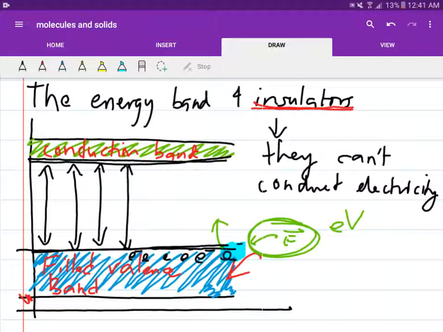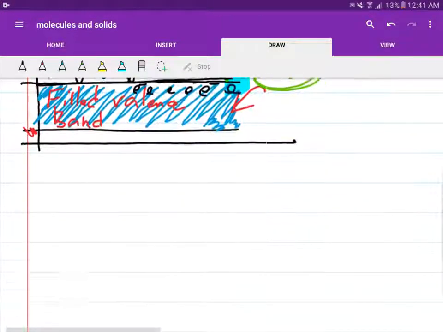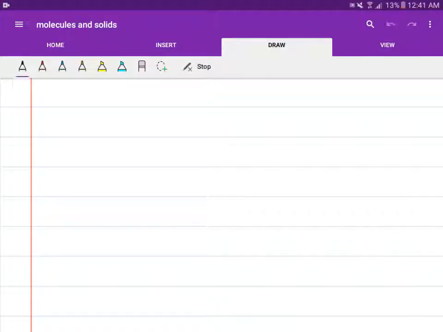Now let's take a look at conductors, or most metals.